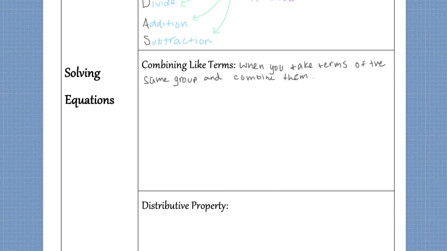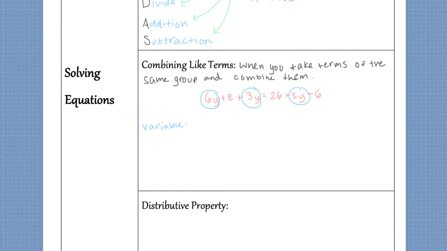And so let's say we have this equation down here. If you look over here, we have two different term groups. They are the variable terms, which would be 6y, 3y, and 3y.